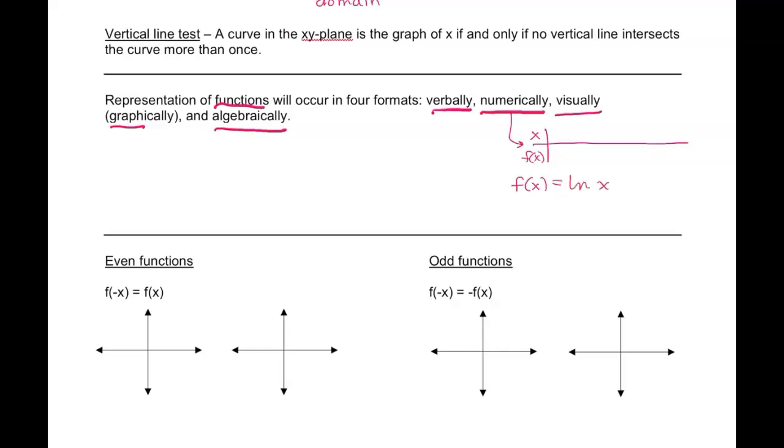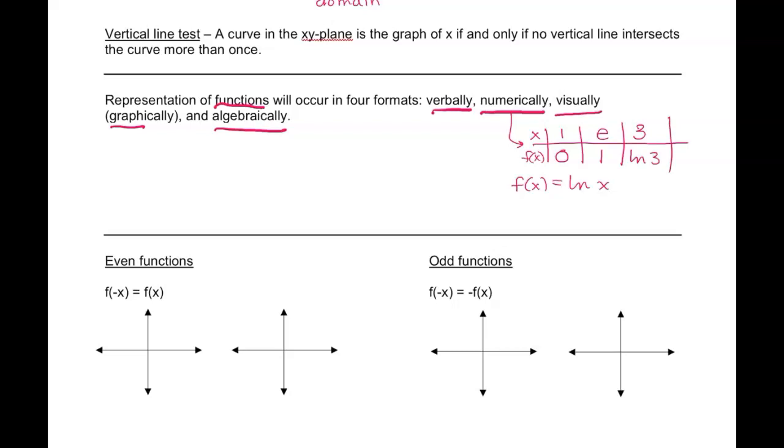So the input for the function, I'll give 1 as an input. So the natural log of 1 would be 0. That's your output. And then I will choose e. So the natural log of e is 1. And then I'll choose 3. So the natural log of 3 is the natural log of 3, which I could represent with a decimal.